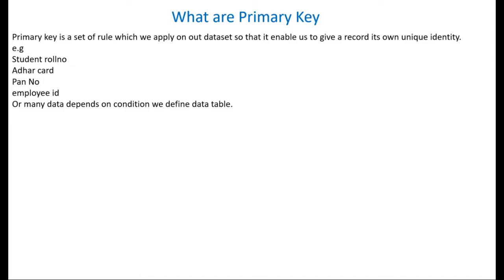Suppose you are appearing for board exams and your result is declared. How are you able to get the marks details? You just go and search for your roll number, and in front of the roll number there is your name written and your details of marks.